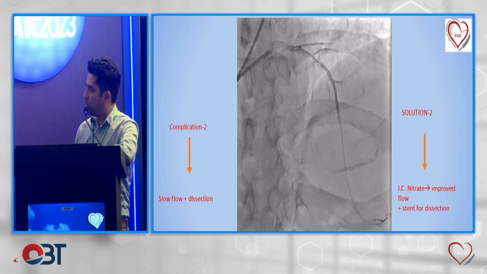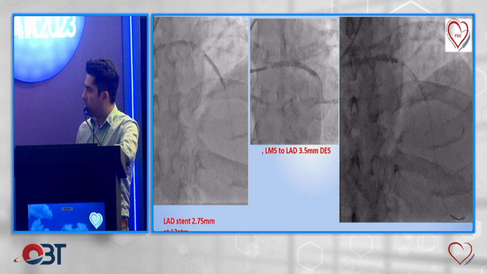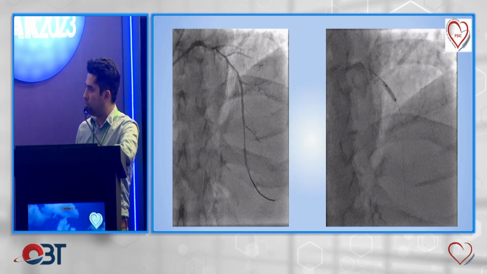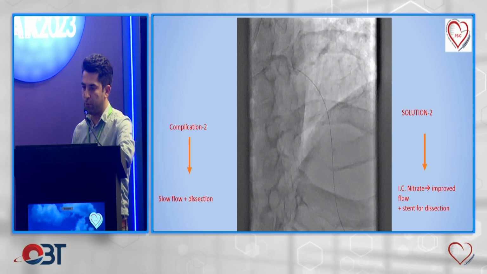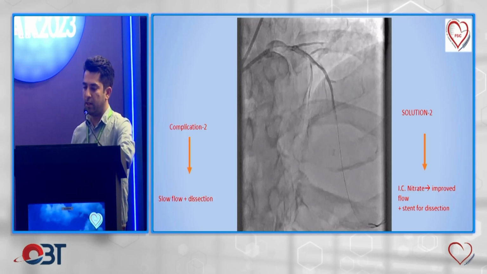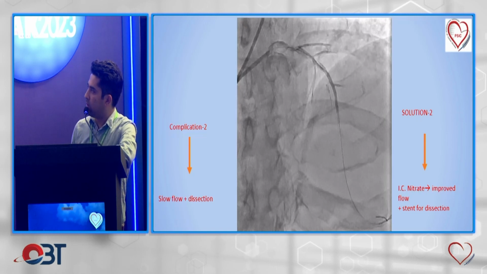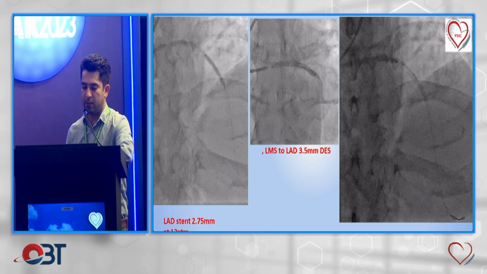To overcome that problem, we gave intracoronary nitrates, and the flow improved, and we deployed a stent for the dissection, which we can see in this area.